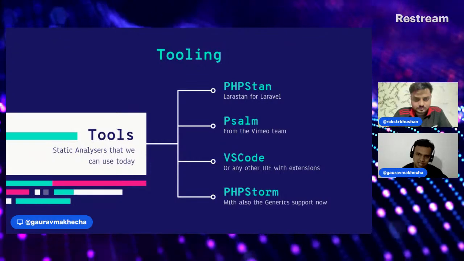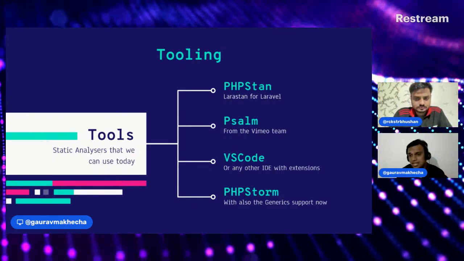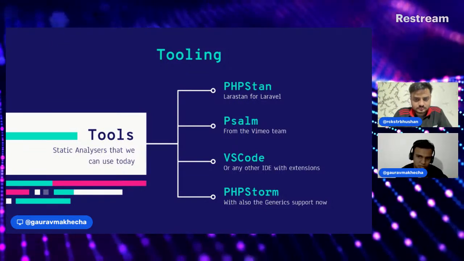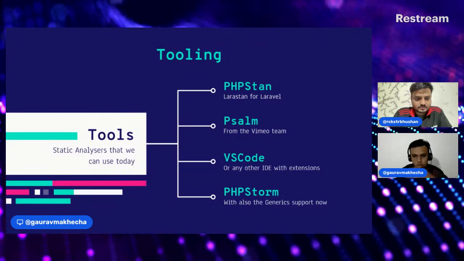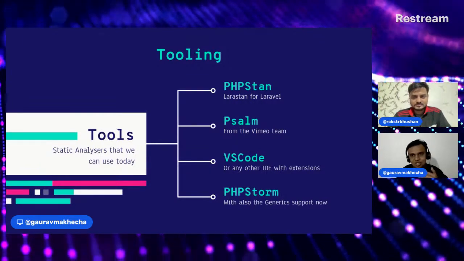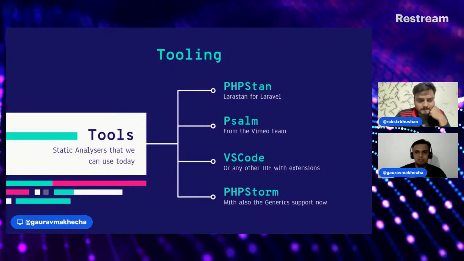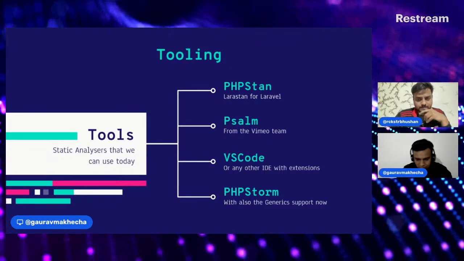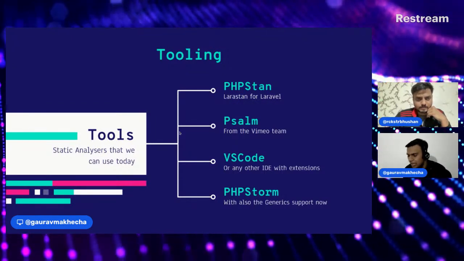Then other options are Psalm from the Vimeo team, and our own IDEs. I use VS Code, which has extensions for it. If you use PHPStorm, it also supports static analysis by default at a basic level. What happens is, we will see in this session that there are many levels, and the IDE has some limitations.